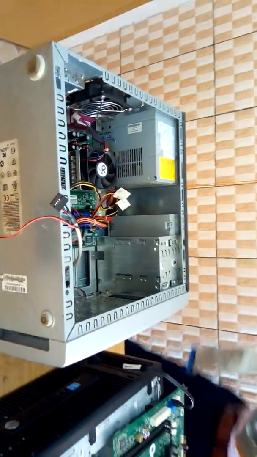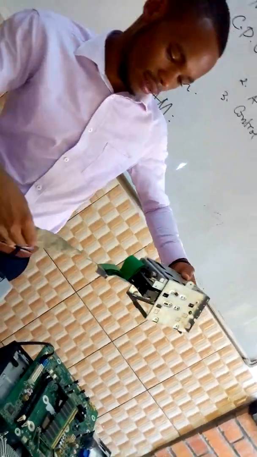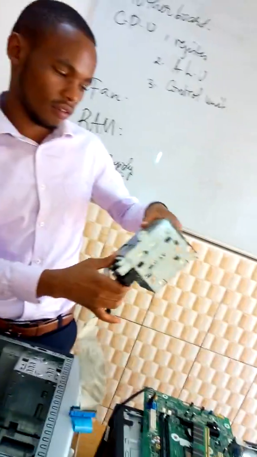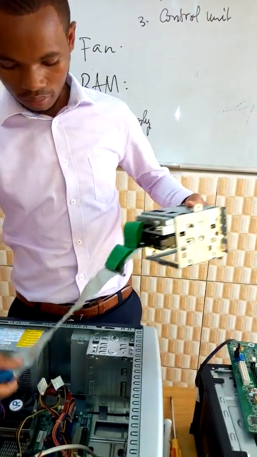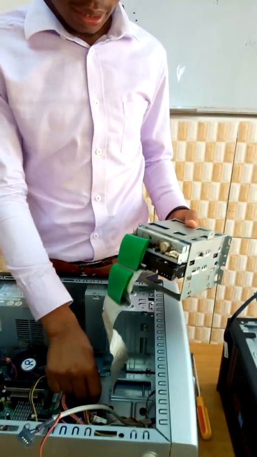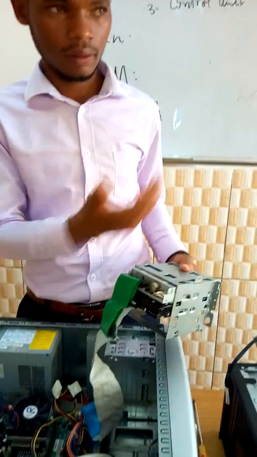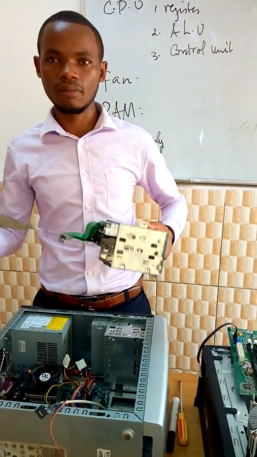You see here we have the hard drive, and this is the data cable to transfer data from the hard drive to the motherboard, and then the motherboard can take it to the CPU, as we will see in the bus system.